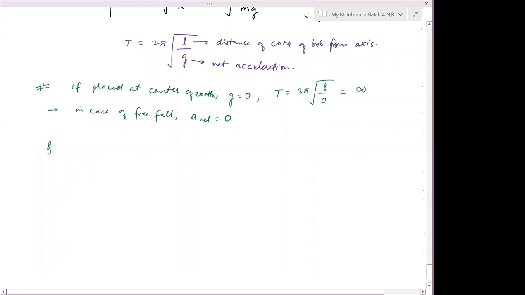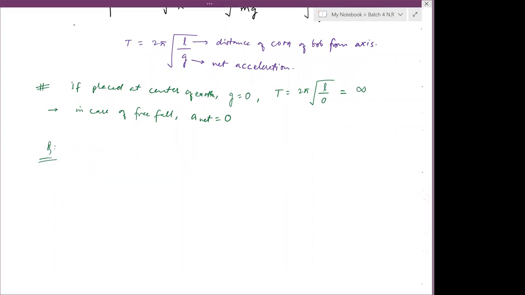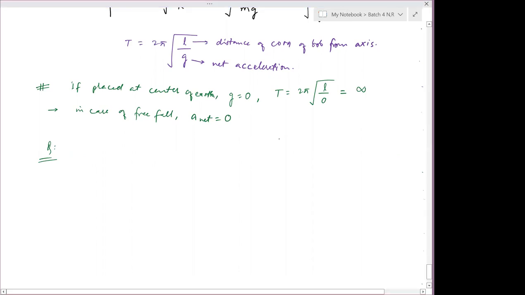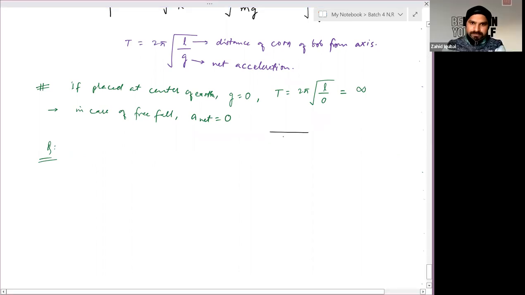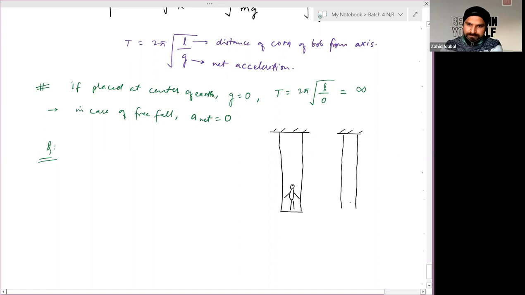Okay, let me ask a question related to this part. Suppose in a swing, a boy is first standing at this point, and next, he sits over it.